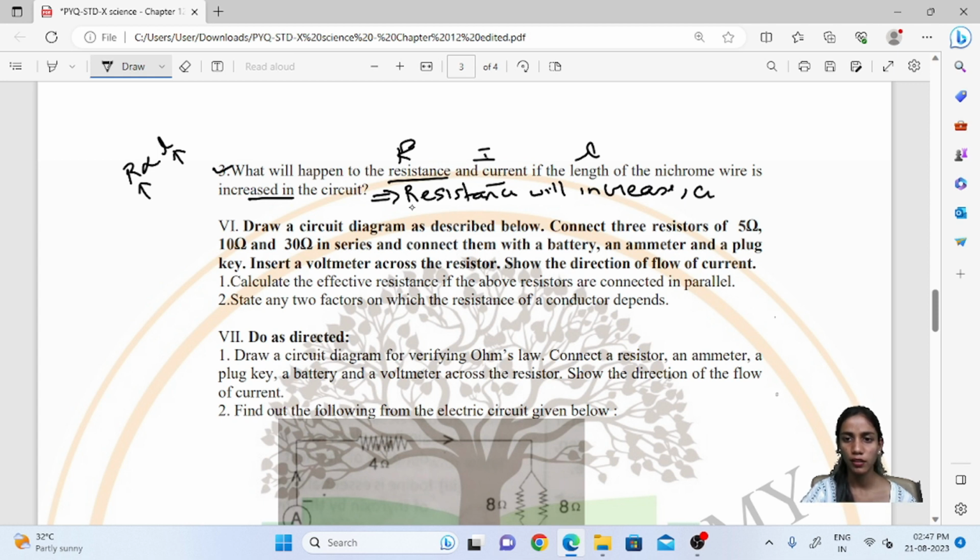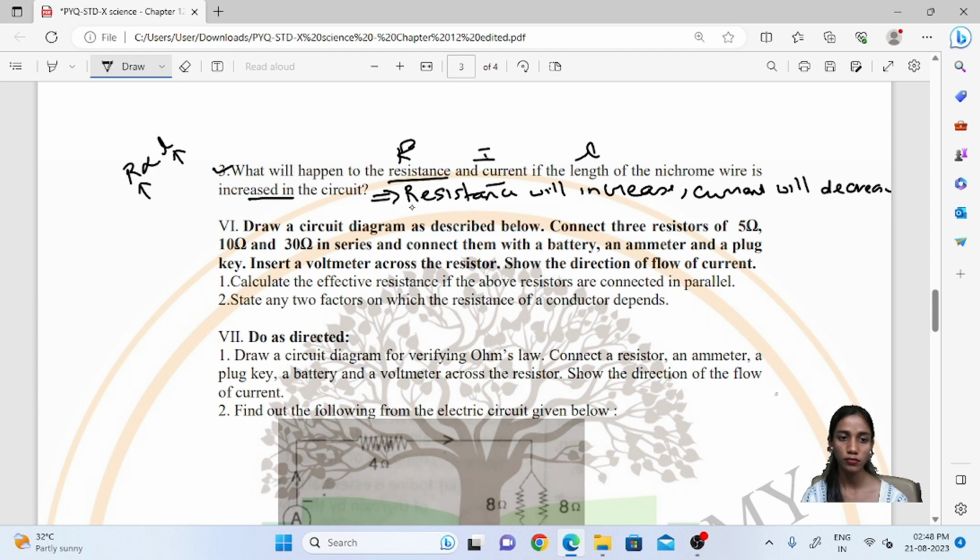The current will decrease. So you have to first say: as resistance is directly proportional to the length of the conductor, if the length is increasing, the resistance will increase, and as resistance is increasing, the current will decrease.